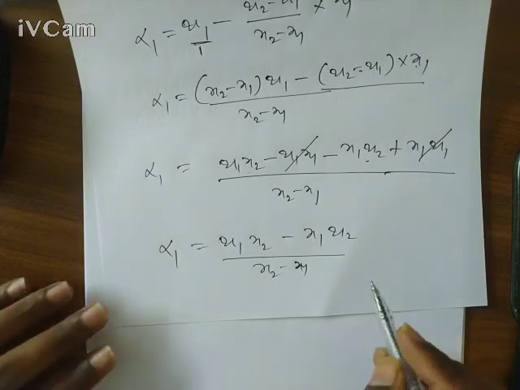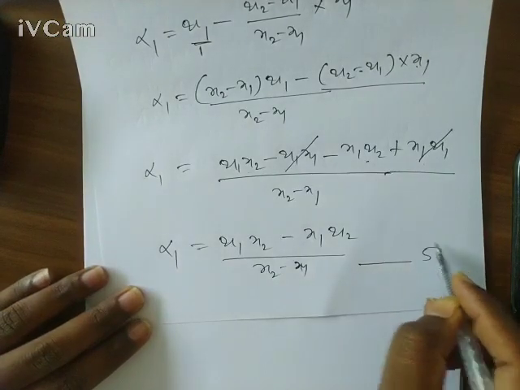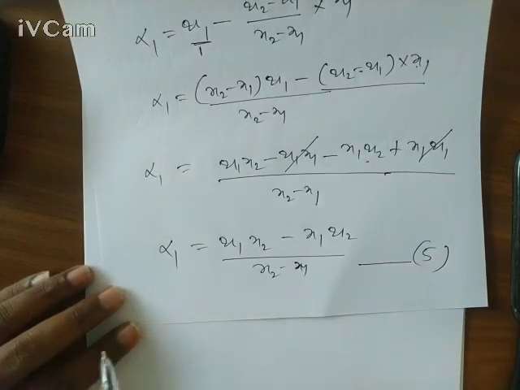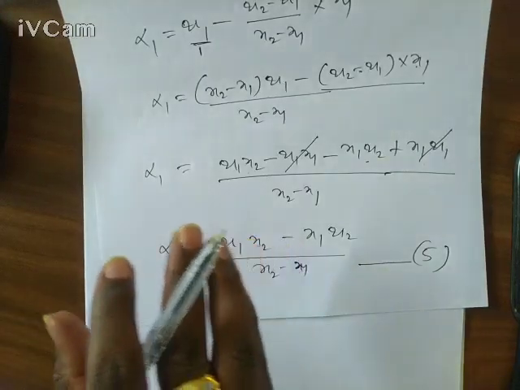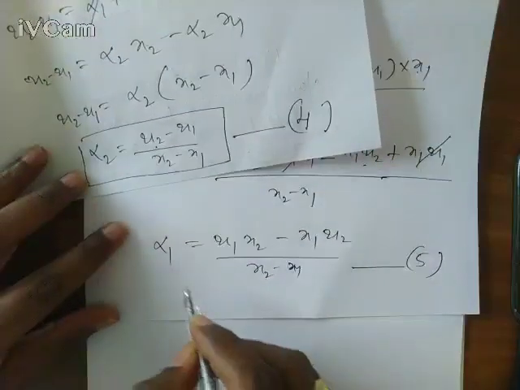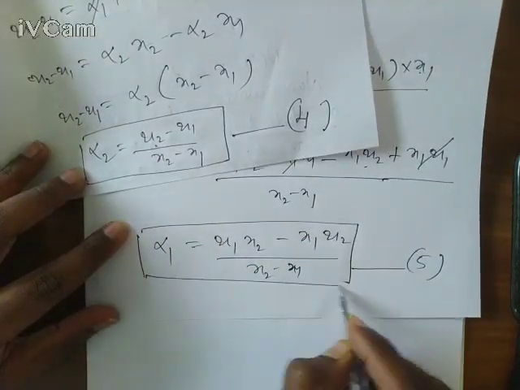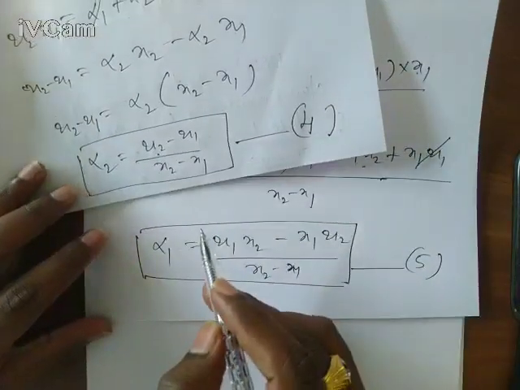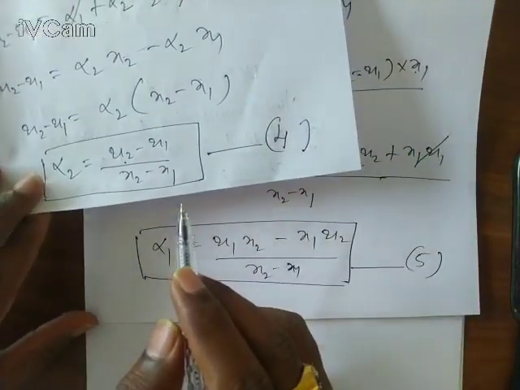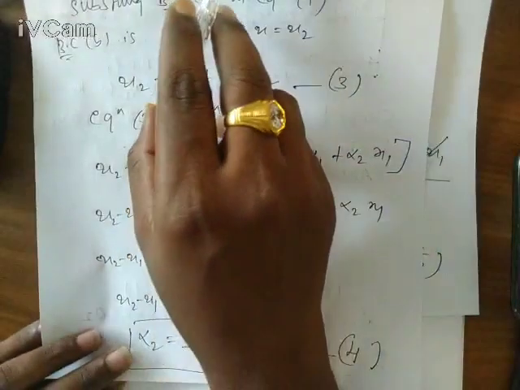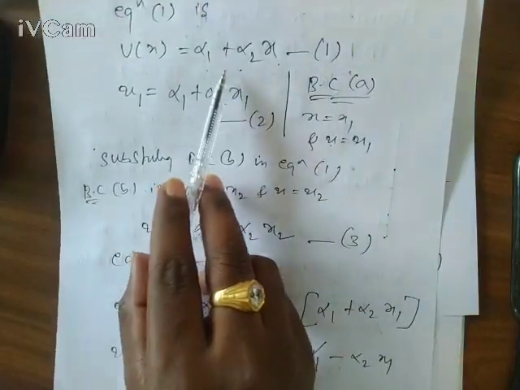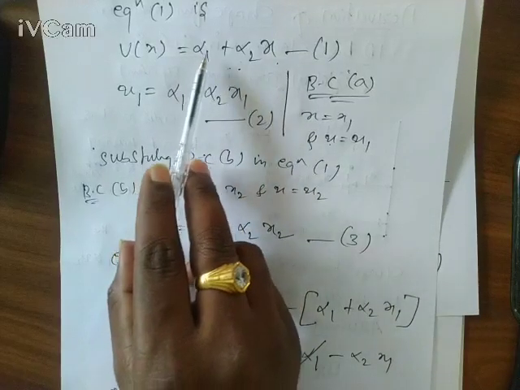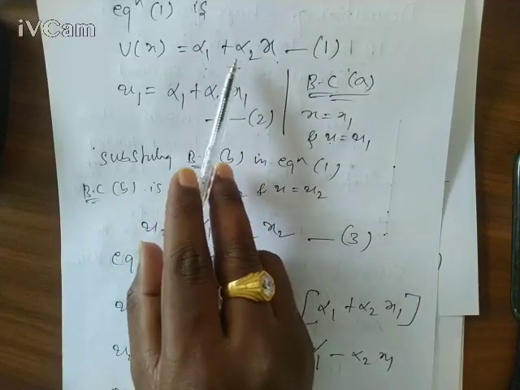Yes, so I am going to call this equation phi. What we will be doing is substituting the alpha 2 value and alpha 1 value from equation 4 into equation 1, because just now we have found the constants alpha 1 and alpha 2.